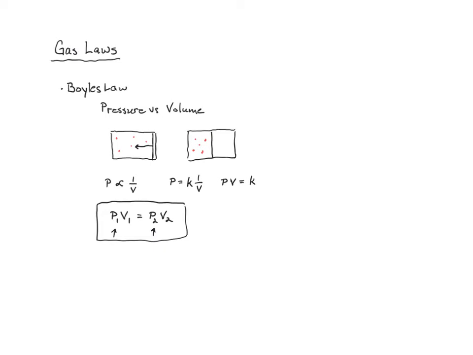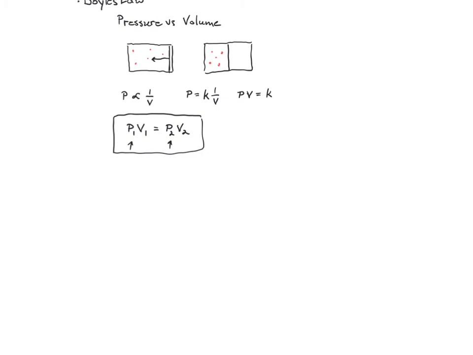Now, the next law we're going to look at is called Gay-Lussac's Law. And Gay-Lussac's Law is actually one that I think that we are all empirically experienced with. And that's because Gay-Lussac's Law is going to look at the relationship between pressure and temperature.